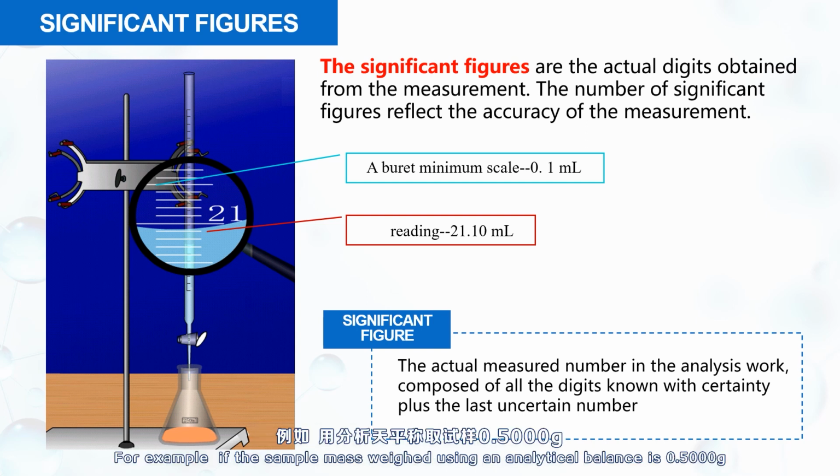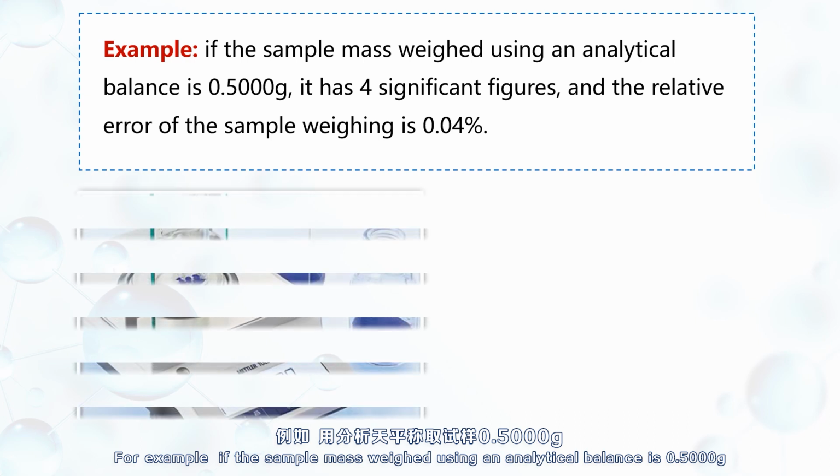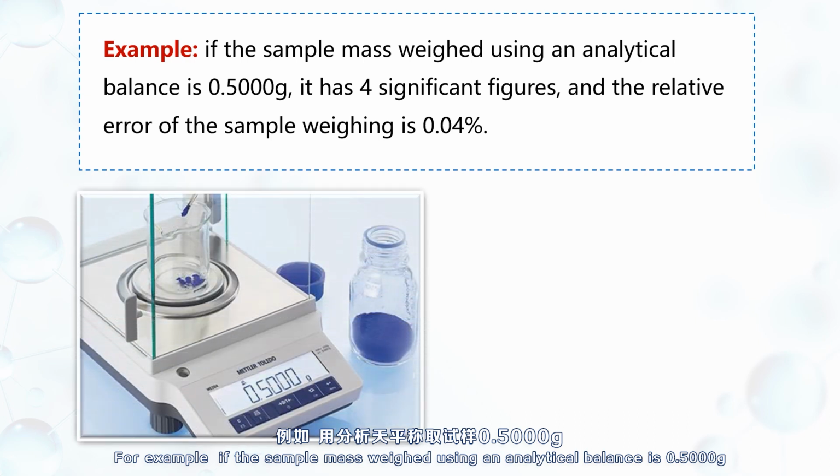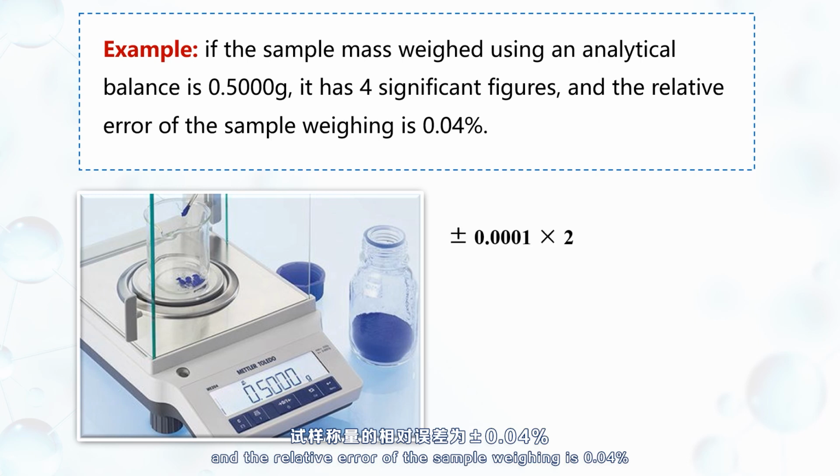For example, if the sample mass weighed using an analytical balance is 0.5000 gram, it has 4 significant figures, and the relative error of the sample weight is 0.04%.